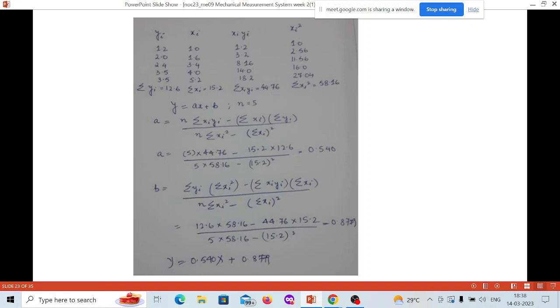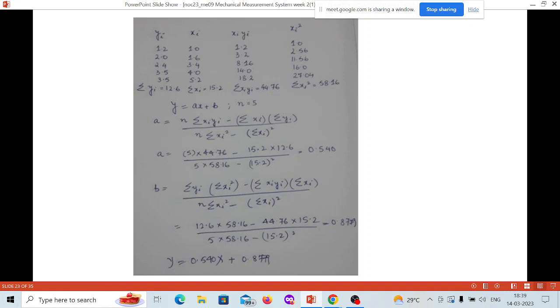So substituting all the values for a: 5 into summation of xi yi is 44.76, minus summation of xi is 15.2 into summation of yi is 12.6, divided by n is 5 into summation of xi square is 58.16 minus summation of xi the whole square, the 15.2 whole square.